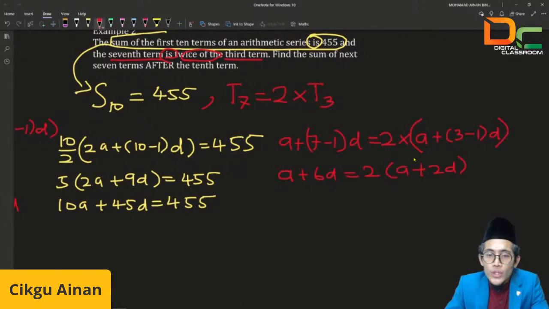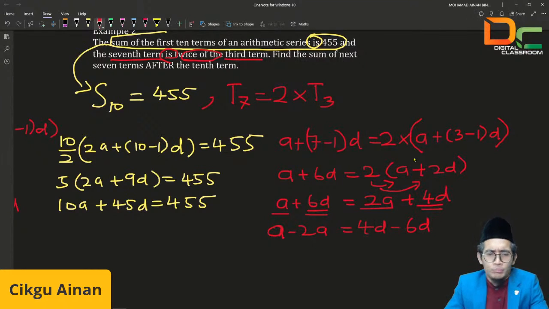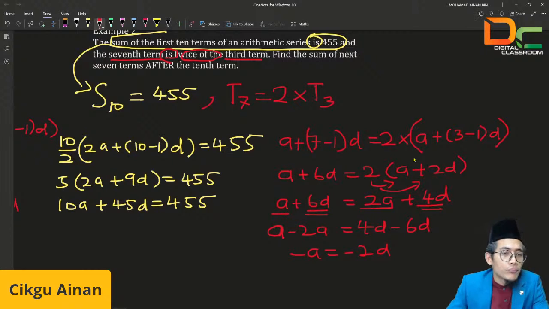Then we expand inside: a plus 6d equals 2a plus 4d. We group the a's and the d's together: a minus 2a equals 4d minus 6d. So minus a equals minus 2d. This can simplify further: a equals 2d. This is simpler already.